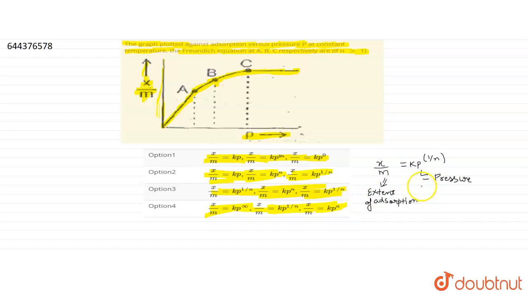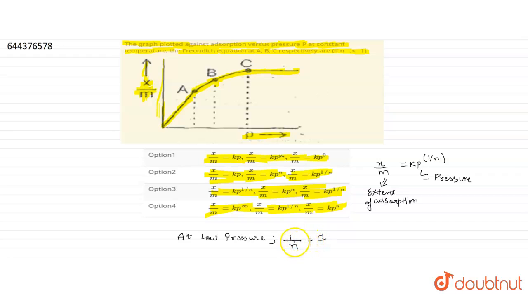So when we observe at low pressure, we know that at low pressure 1 by n equals 1.